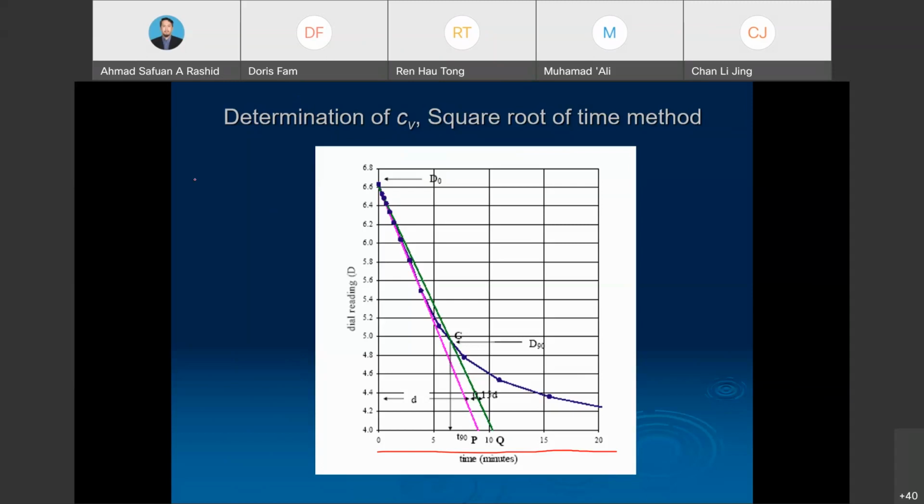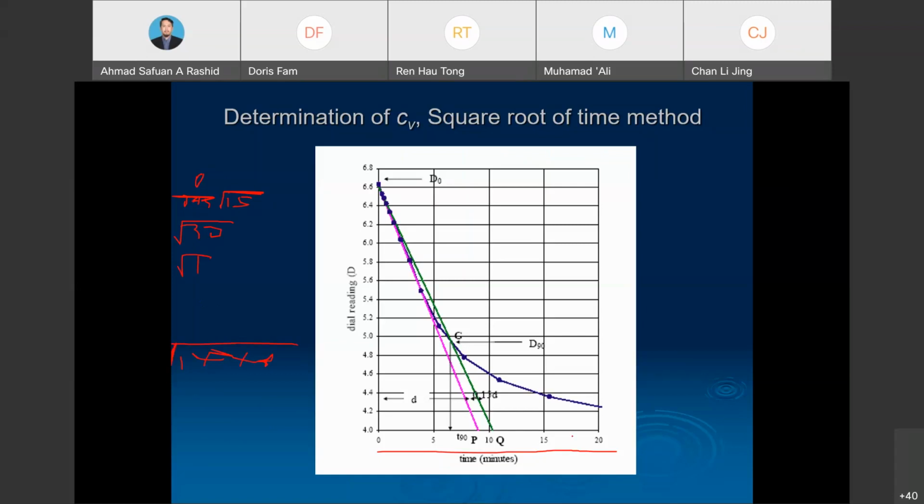For example, 0, then kita ambil lah 15 second. So then we square root the value. Until kalau kita guna minutes lah 114 we square root.